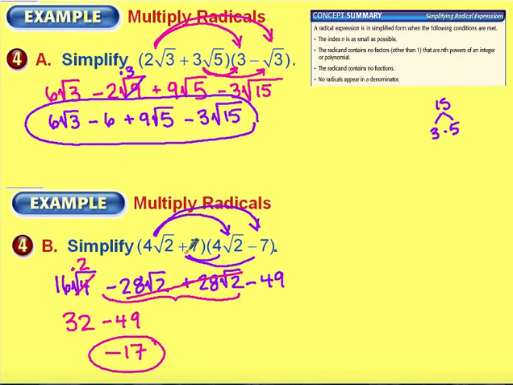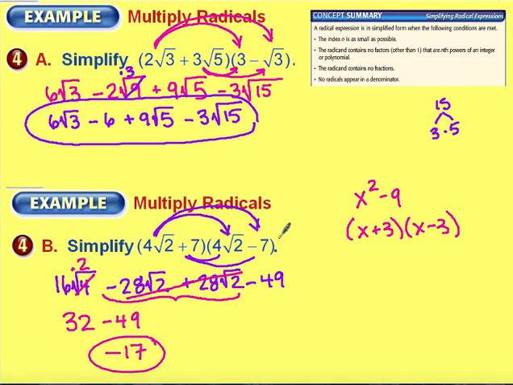Now what you see here, this is actually a special case. And if you remember when we factored differences of squares, and I know this doesn't look like that, but when I factored differences of squares, they factored into x plus 3 and x minus 3. So when I multiplied that out, I lost those middle terms. That's what's happening here.